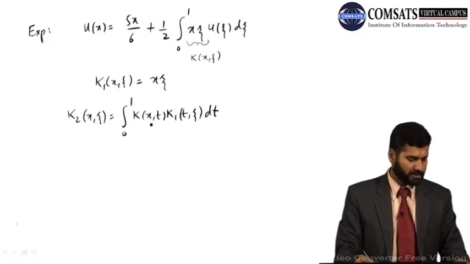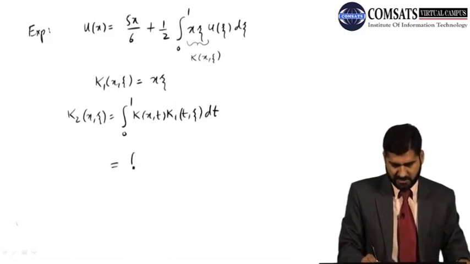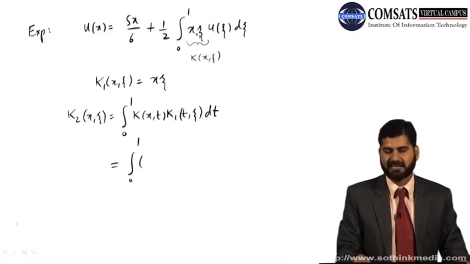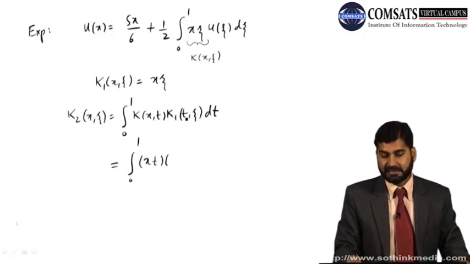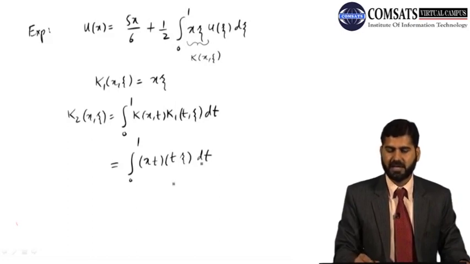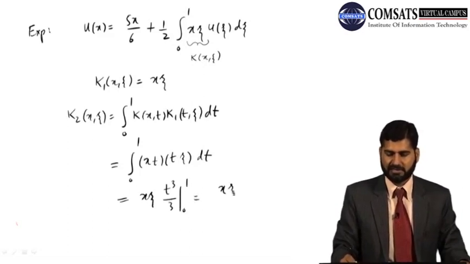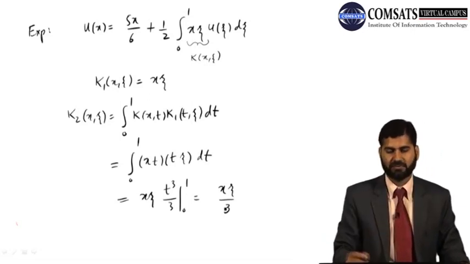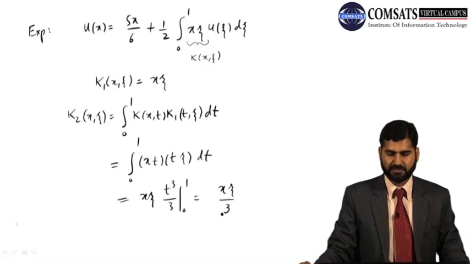So if you do this, you will get the integral from 0 to 1. What is K(x, t)? This is K(x, xi), which is x xi. So K(x, t) will be x t. And then K1(t, xi) will be t xi, dt. So x xi is common. t square has t cubed by 3 from 0 to 1. So it is 1 by 3. So x xi by 3. Right?